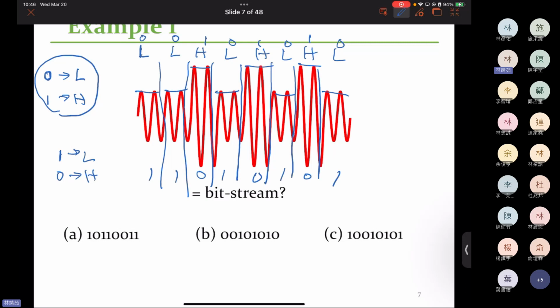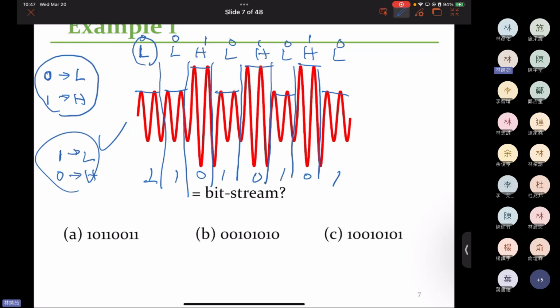But you need to negotiate between the transmitter and the receiver. If we can have some initial negotiation, if I say, okay, I want to use this conversion, and you also know that, then when you do demodulation, you can easily convert L back to 1, right?